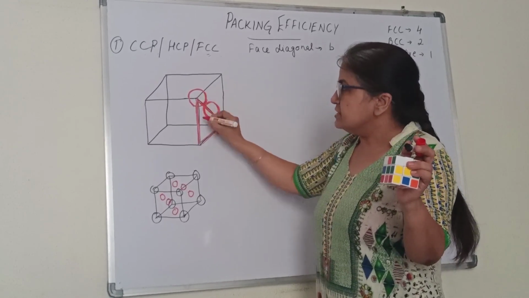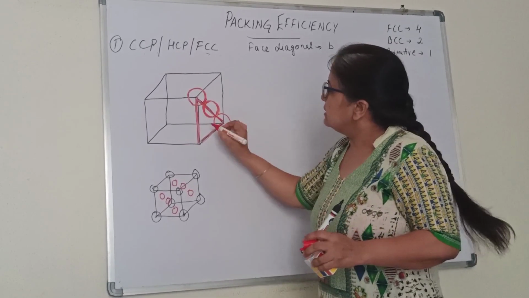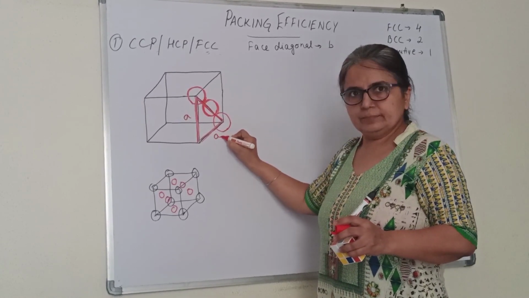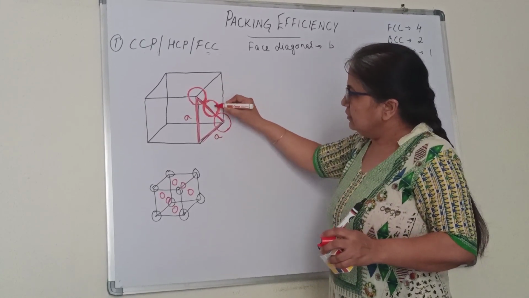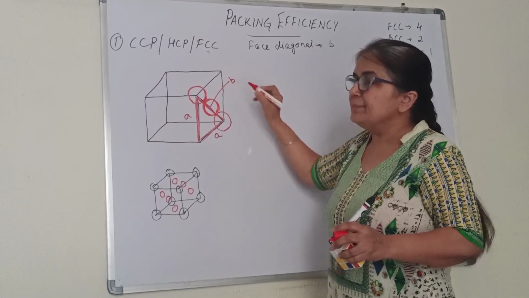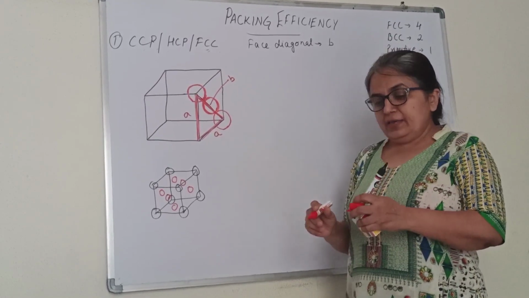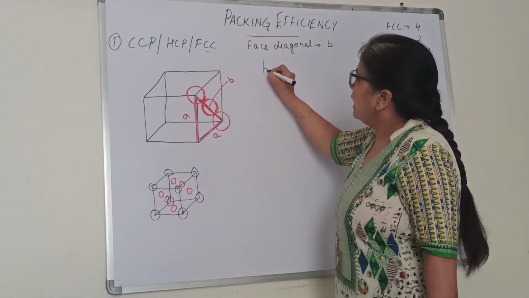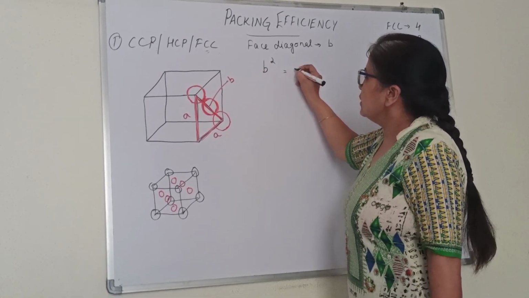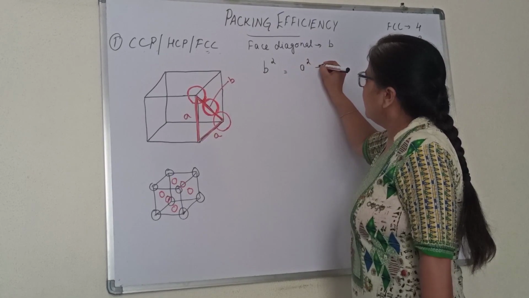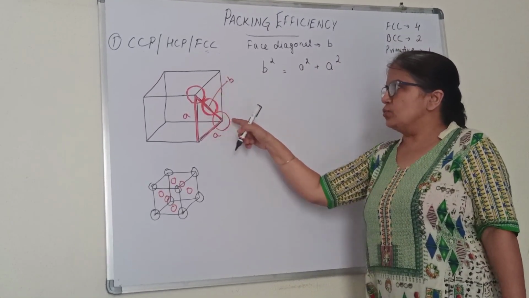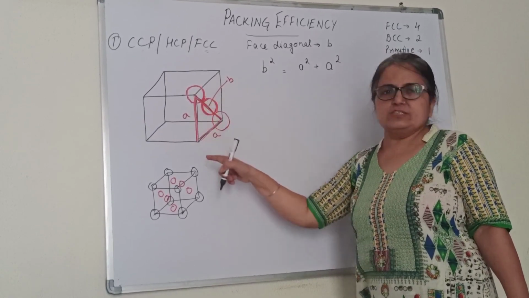Okay. Now what is this? Edge length? It is A. What is this one? Also edge length. What is this one? We have marked this now, B. So I can apply Pythagoras theorem and write that B square is equal to A square plus A square.